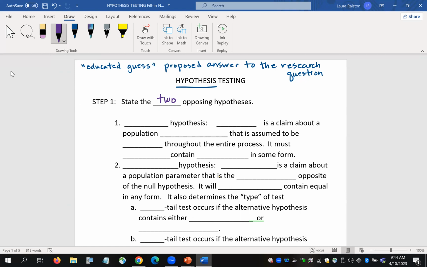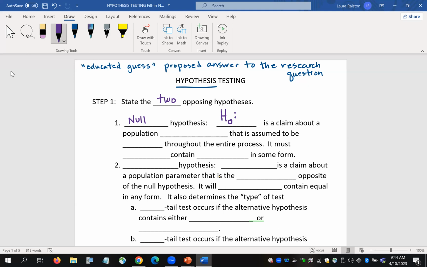The first hypothesis is called the null hypothesis. The symbol we use is a capital H with a subscript of 0. You may not be aware, but the word null is kind of an old English word that actually means 0. So we have the capital H for hypothesis and a subscript of 0.